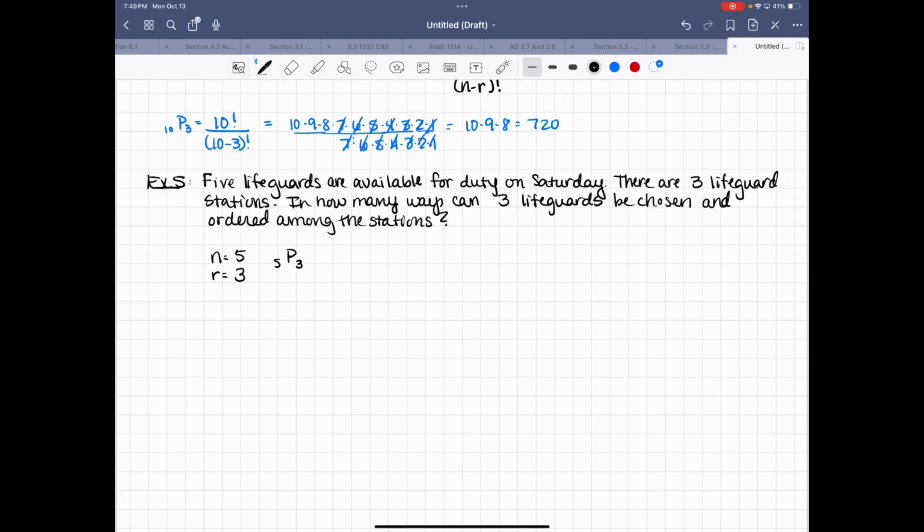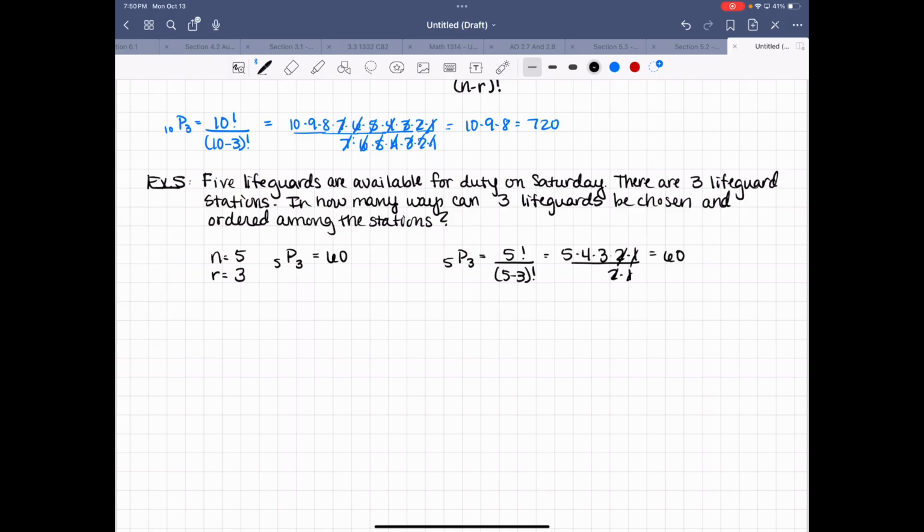Okay? If you work it out, 5P3, that is 5 factorial over 5 minus 3 factorial. So that's 5 times 4 times 3 times 2 times 1 over 2 times 1, which is going to give me 60. Did we get 60 when we put it in the calculator?